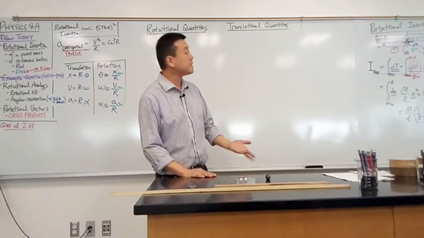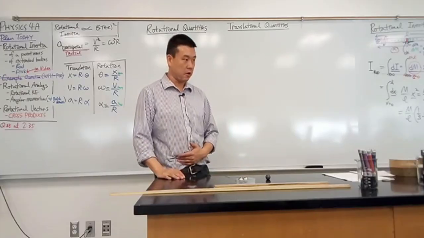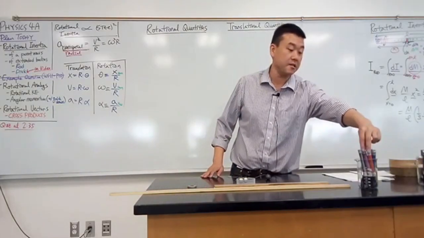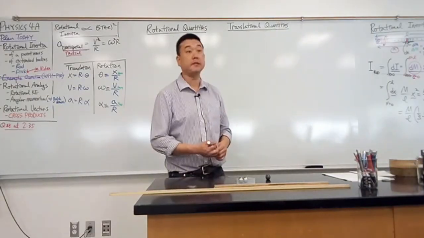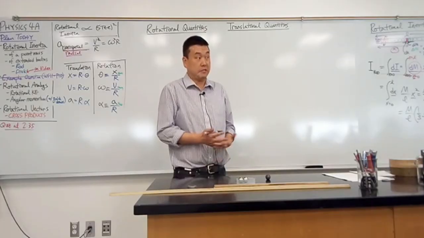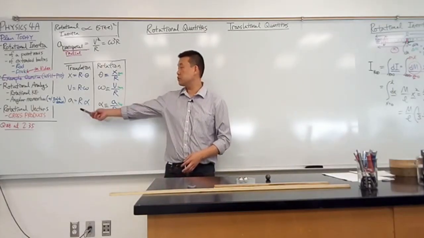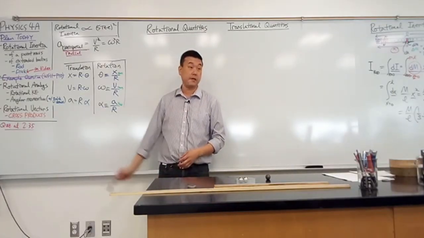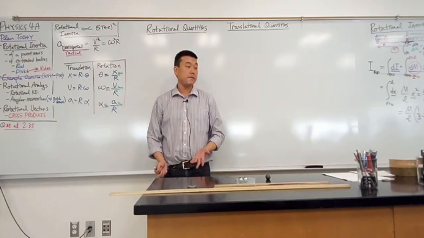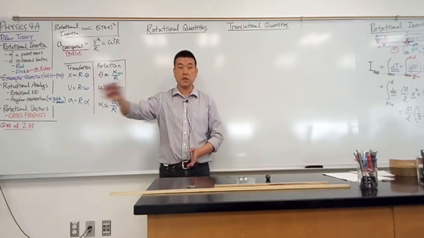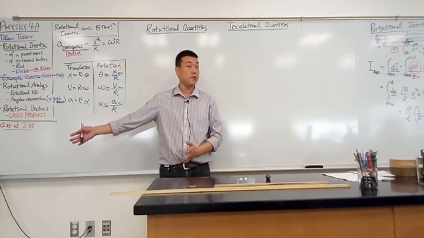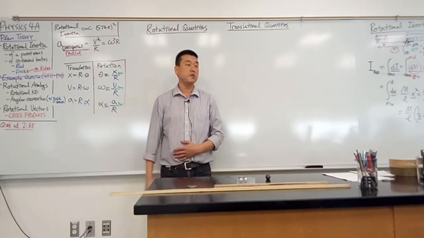So this is something called a rotational analog. I've been hinting at it since the beginning, but let me make it explicit this time. And this is really the reason I want you to start paying attention to this from the beginning. Because if you treat rotation as a separate subject from what you have been doing so far, it's just way too much information.